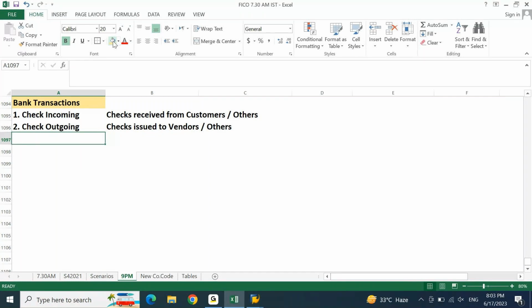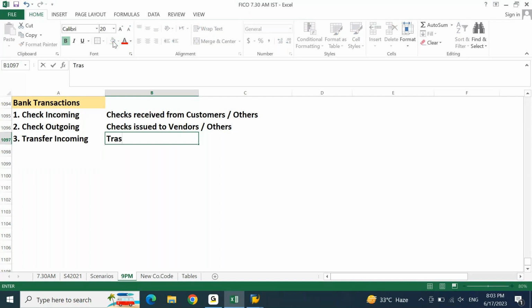Third one, it will be transfer incoming. When you talk about transfer, this is a bank to bank transfer. You may call it NEFT transfer, RTGS transfer, or IMPS transfer, any kind of transfer which is a bank to bank transaction. If you receive any transfer incoming payment, this is transfer received from customers or others.